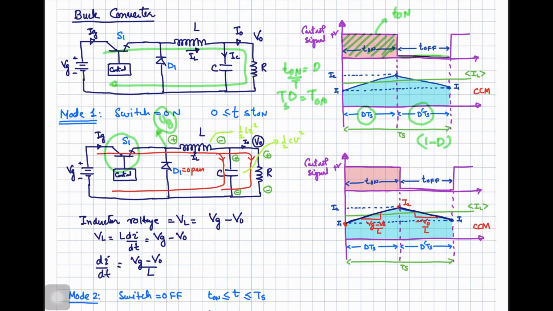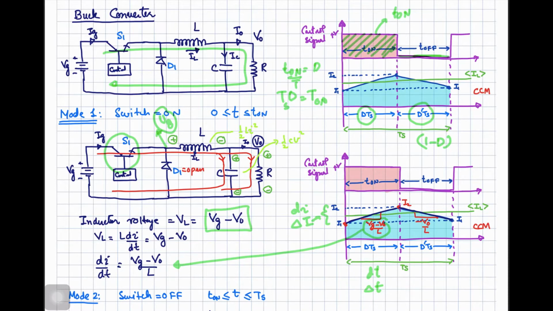Because over here, just look at that one, this is di, and on this side you have the dt, or if I assume a linear variation, this is delta I and this is delta t, right? So this is representing the slope Vg minus V naught by L, the slope at which the current in the inductor is increasing. This is the positive slope, right? And the voltage across the inductor at that instant of time is Vg minus V naught, right?